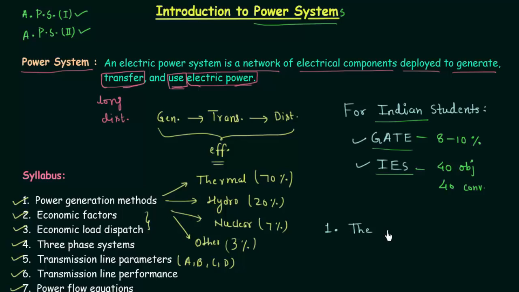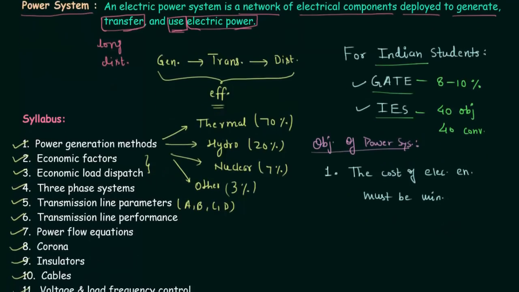I will write this down. The cost of electrical energy must be minimum, and this is the first point, or you can say first objective of power system. So this is the topic, and under this we will study economic factors.